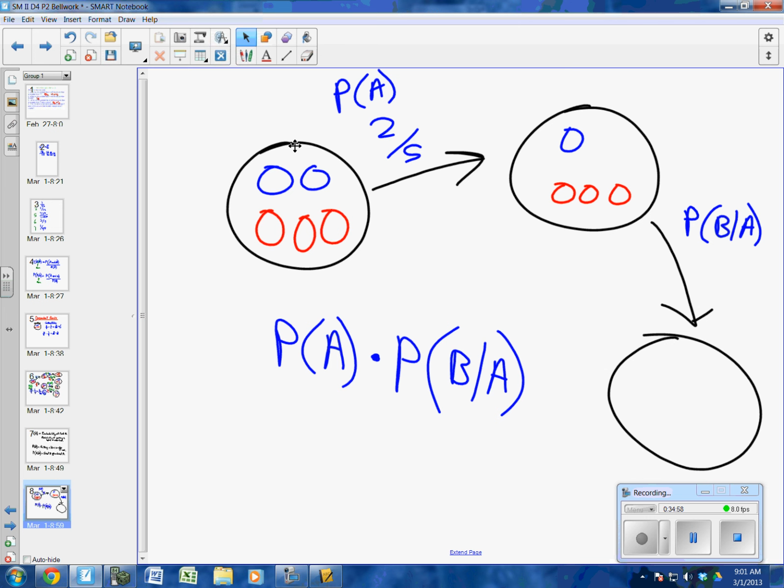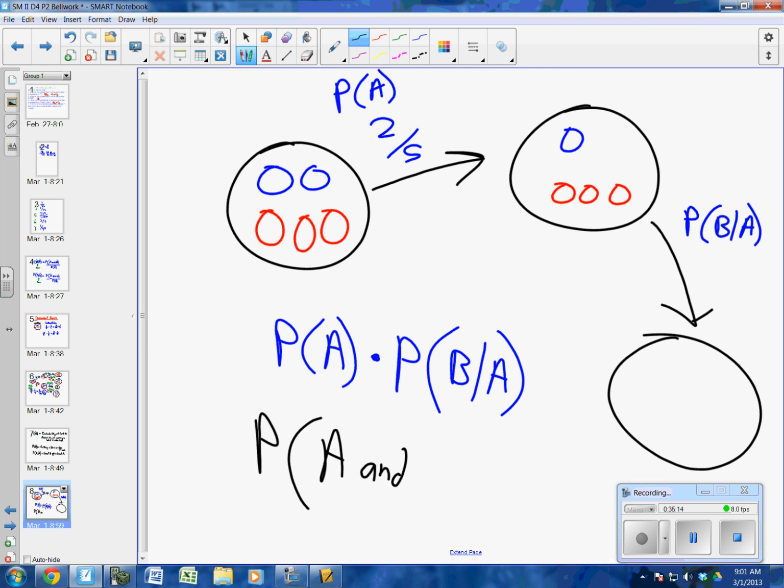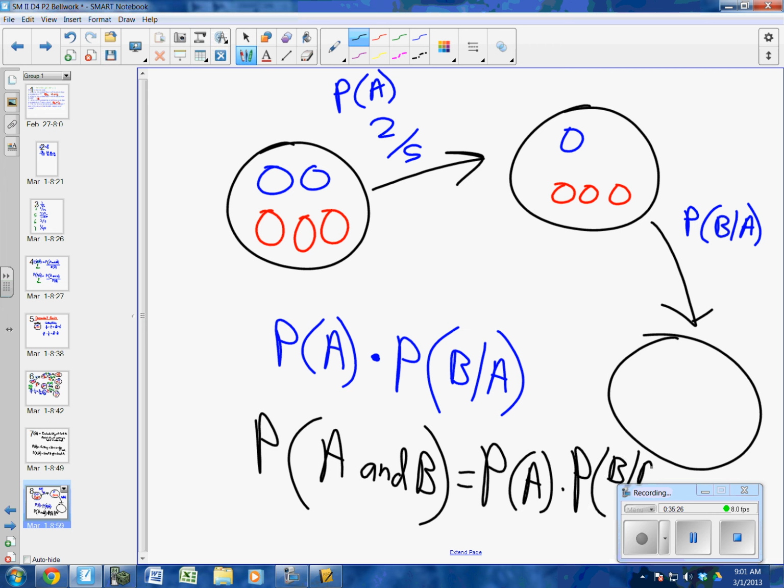Now, this thing tells us that that is just an intersection. I'm not sure why it's telling us that. I understood it when I read it last night. Okay, it's saying this right here, you guys. The probability of A and B happening is equal to the probability of A times the probability of B given A. Got it?